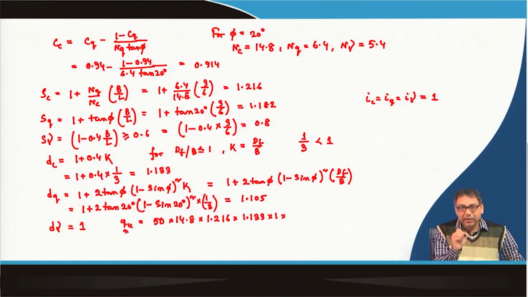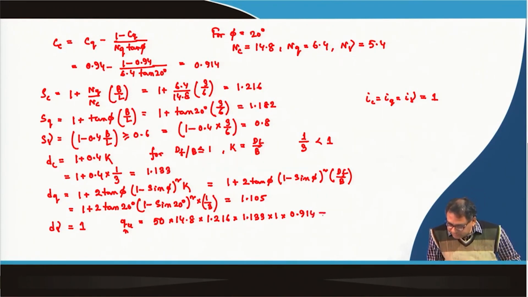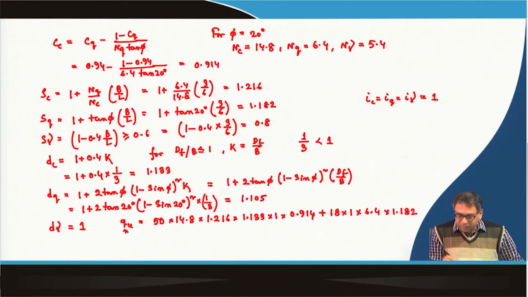But the compressibility factor Cc is 0.914, and then plus 18 into 1, then the 6.4 into 1.182, that is Sq, into dq is 1.105.